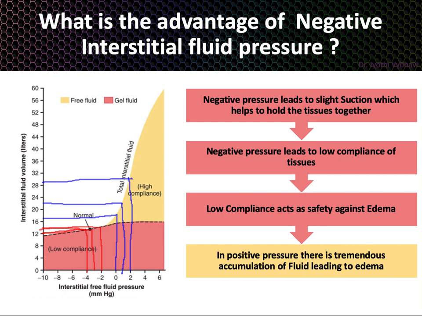If the interstitial fluid pressure for some reason becomes positive, then it holds on to a lot of fluid and causes edema. So being negative is actually a safety factor, a safety against edema. Nature has made the interstitium not hold too much fluid by making it negative and less compliant. Do you understand the advantage? I hope you understood.